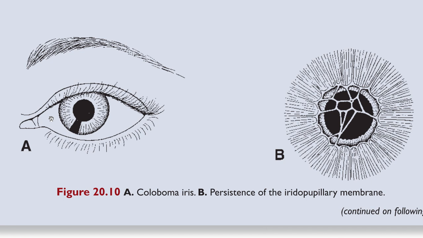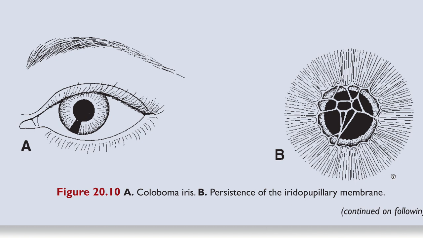So if the choroid fissure fails to close, you're going to have an opening, which is called coloboma. This is going to be the opening of your iris. It can extend to your sclera and your choroid, and be involved with a lot of eye abnormalities. You understand? So this is coloboma.